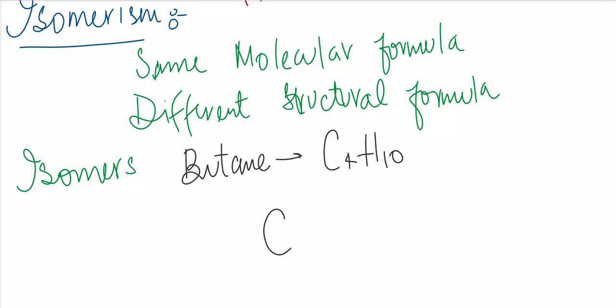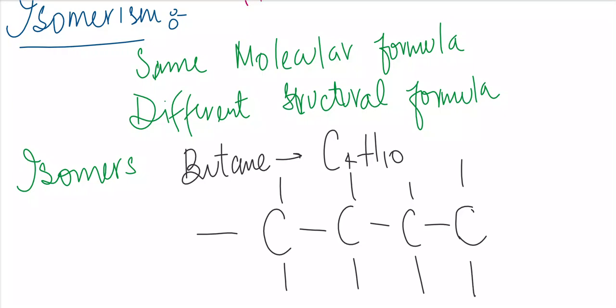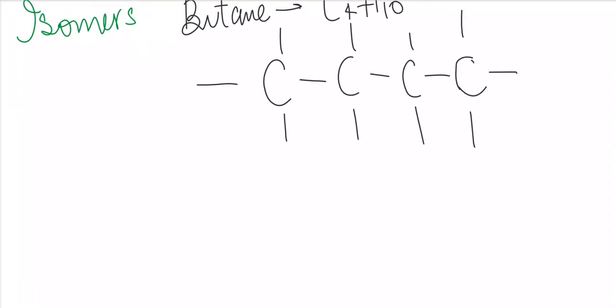This is a straight chain hydrocarbon like this one, with 4 carbon atoms and 10 hydrogen atoms placed here with the bonds that I have made. So this is the first structural formula for butane. And you can also make a different structural formula by changing the position of the carbon atom, like you can place this carbon atom with this one.